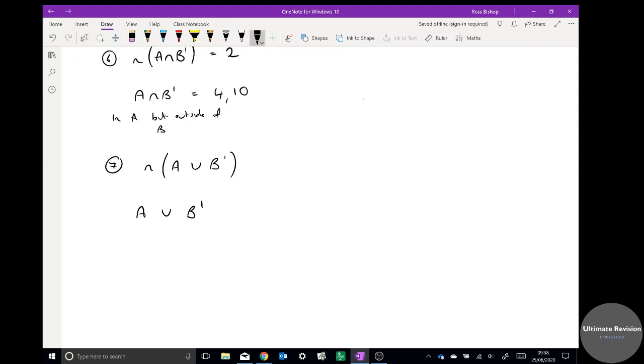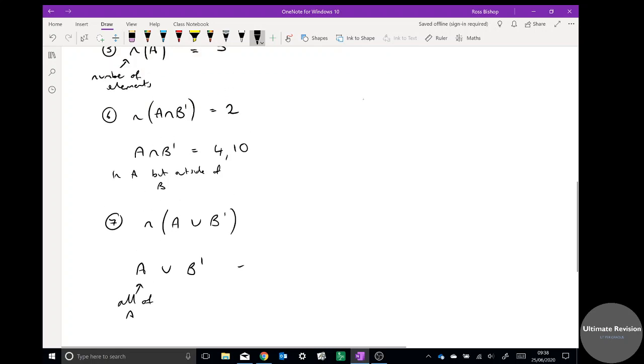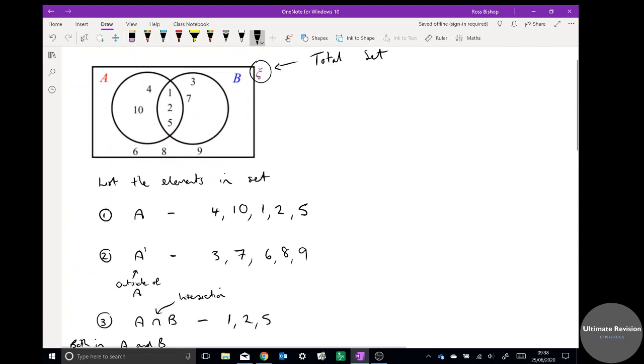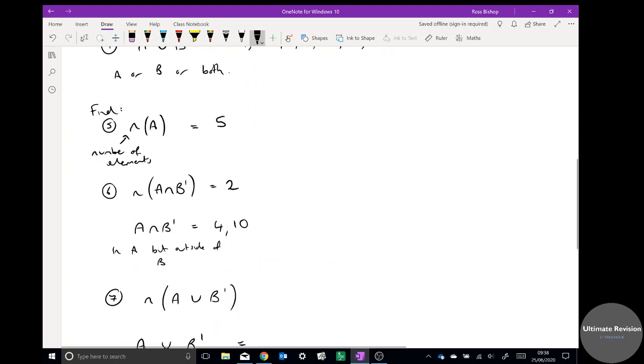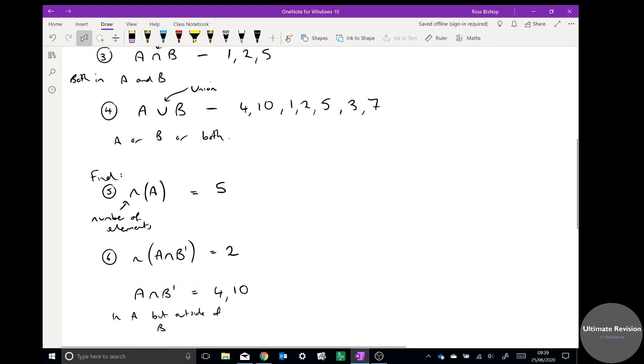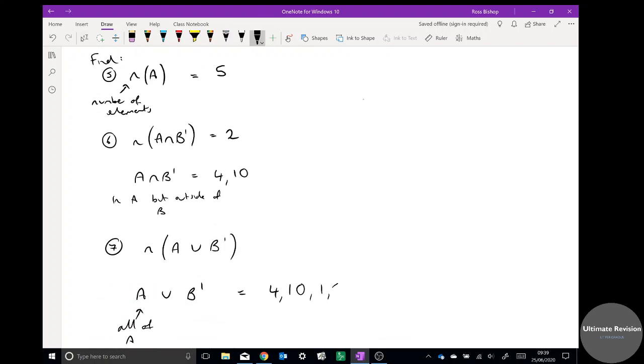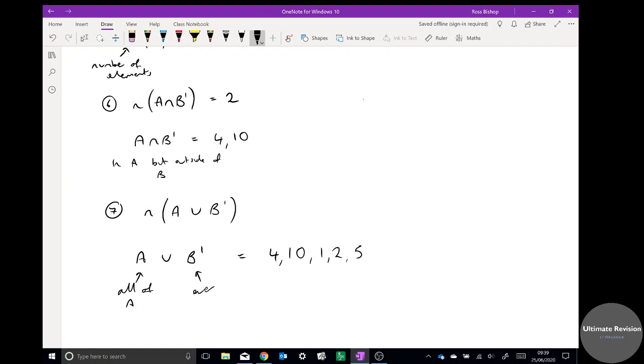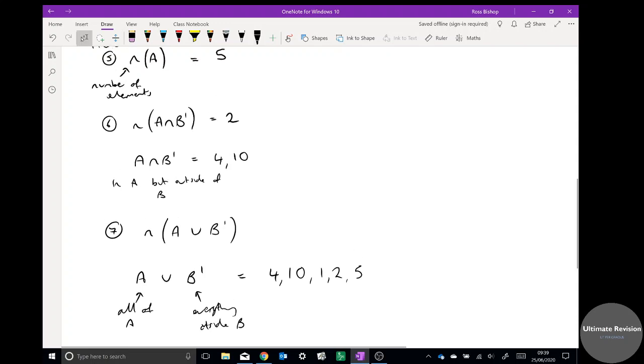So the whole of A, so all of A, start with that one. So all of A, 4, 10, then 1, 2, 5, and then everything outside B. Okay, and you don't repeat.